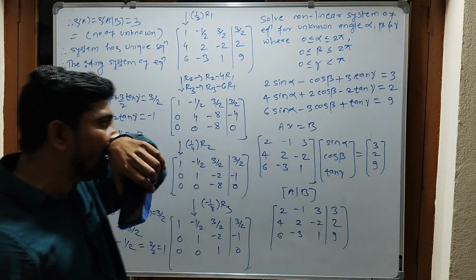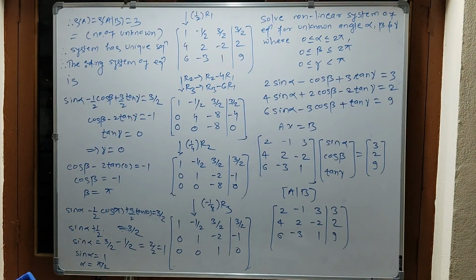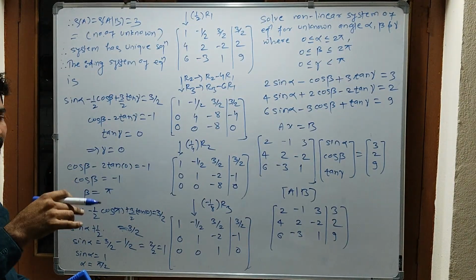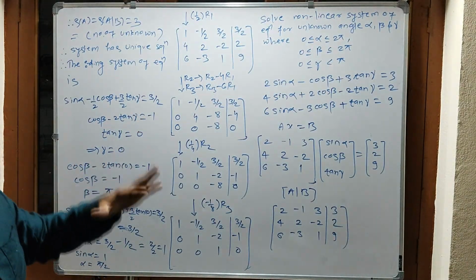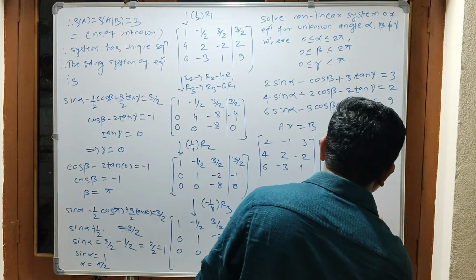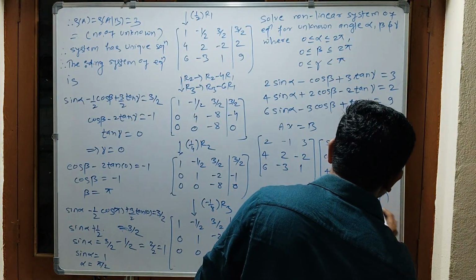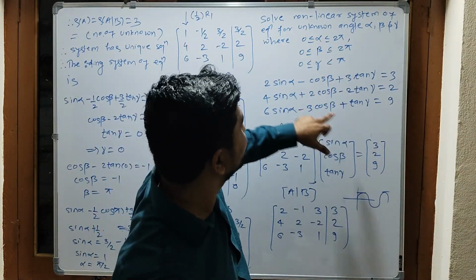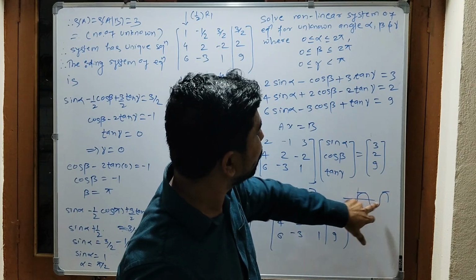If you say that sin theta is 1 multiple times in the periodic interval, yes, sin theta is 1 multiple times, but here alpha is restricted to 0 to 2 pi.